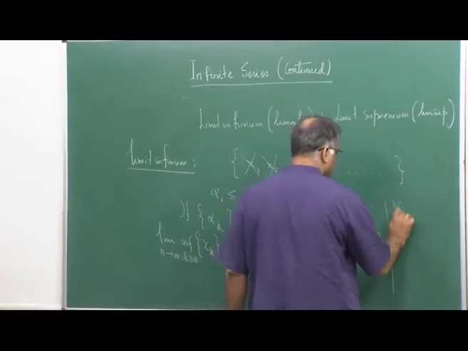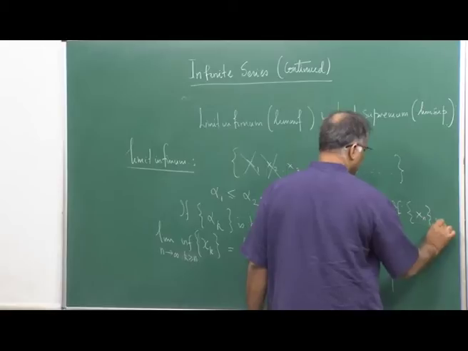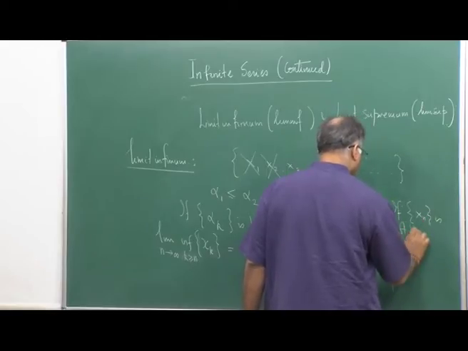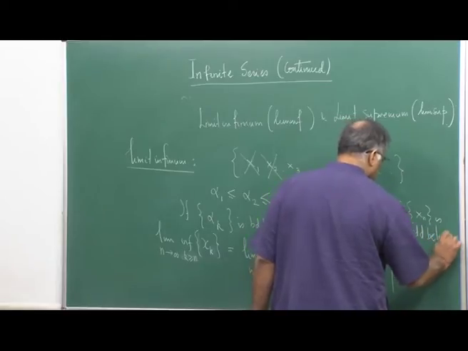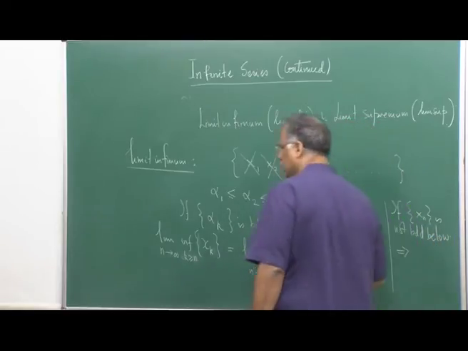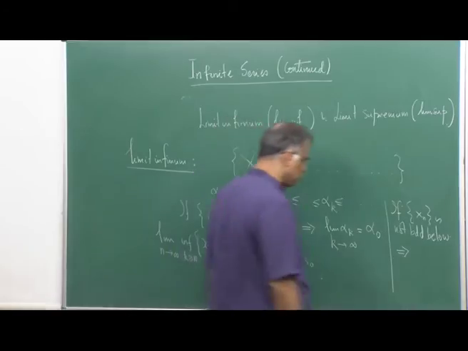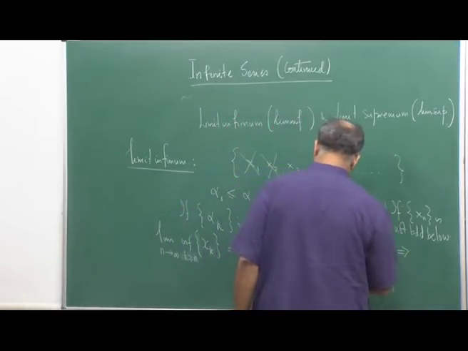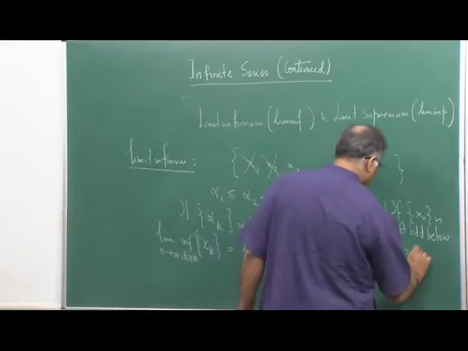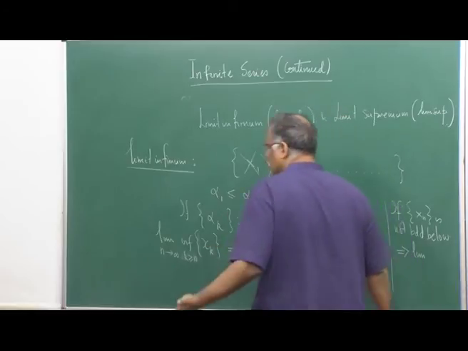So if xn is not bounded below, I am writing short BDD for bounded below, it would imply that everything will be minus infinity, and the limit is minus infinity.